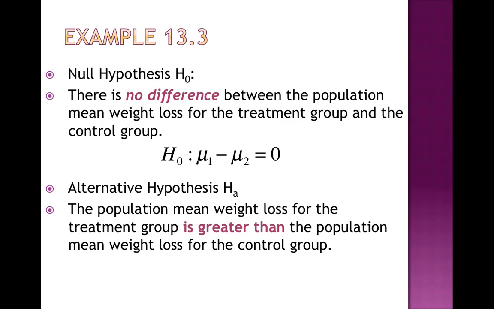So meaning that if we subtract treatment group minus control group, we'll have a number that's greater than 0, positive. Okay, so if we want mu1 to be greater than mu2, then we state our alternative hypothesis is mu sub 1 minus mu sub 2 is greater than 0.